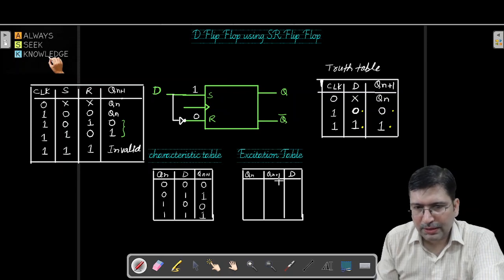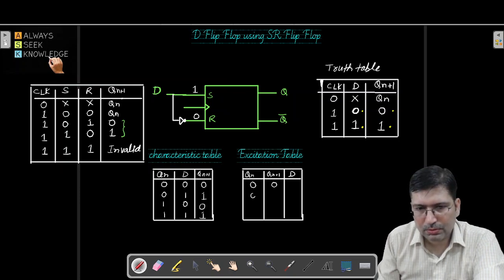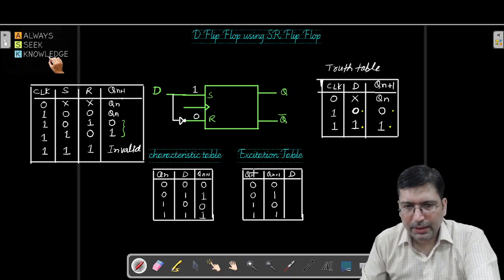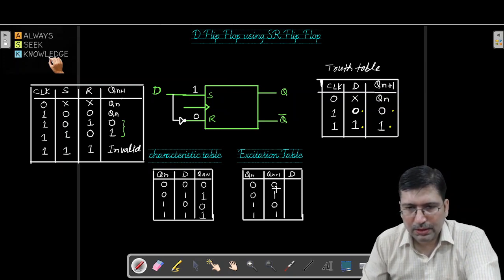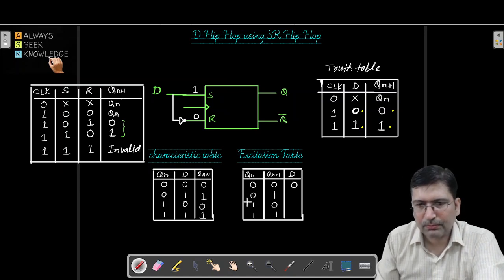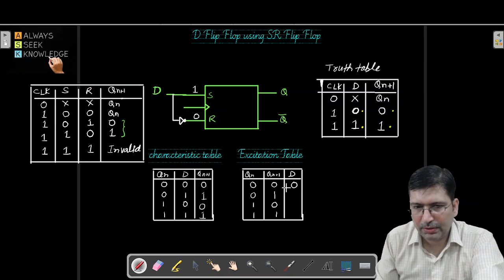Now let's come to the excitation table. Again, there will be four combinations: 0 0, 0 1, 1 0, and 1 1. Now when Qn is 0 and Qn plus 1 is 0, D must be 0, because it will be equivalent. So you can say 0 0 and D is 0, right?